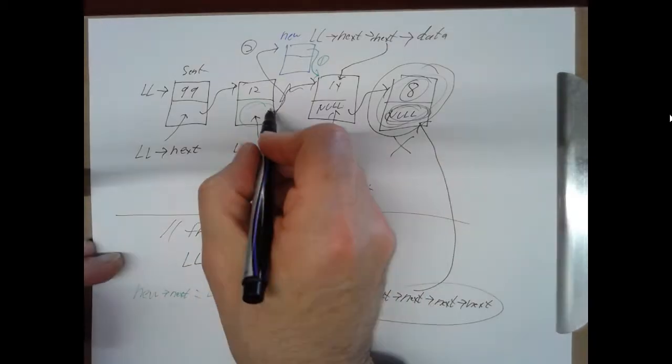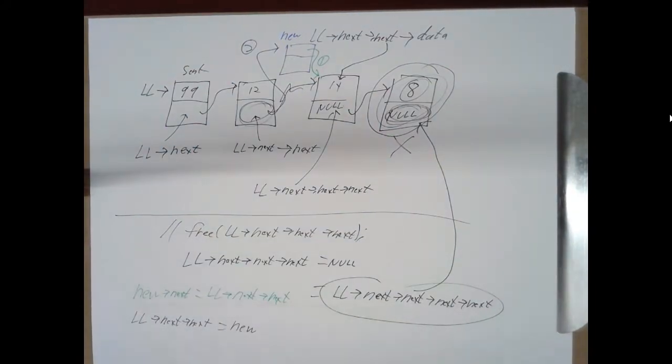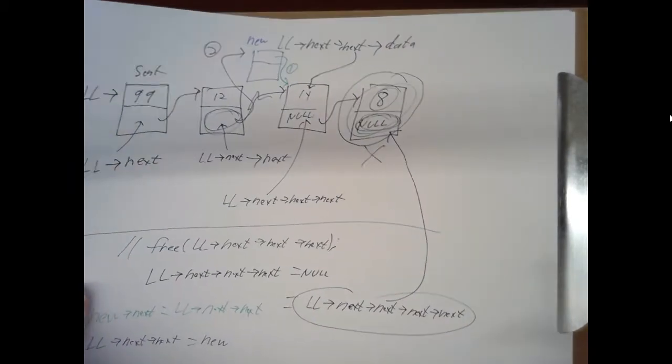And then we want this block here, which is LL next next, to point to new. So that'll do your insert. So questions on that?